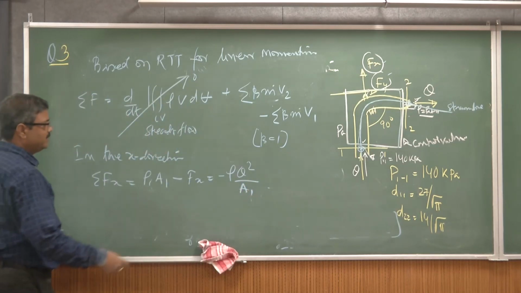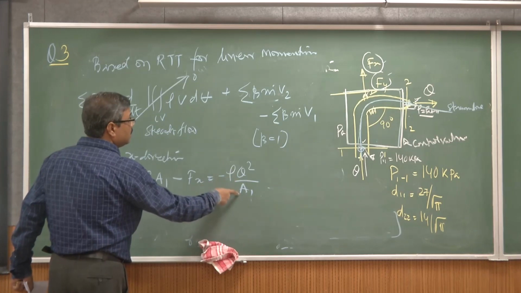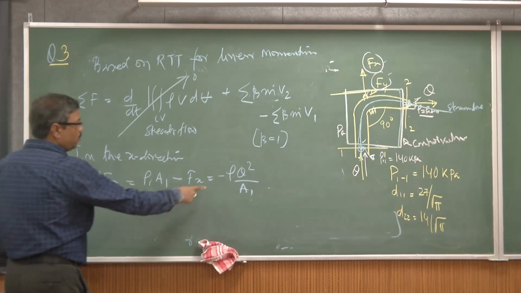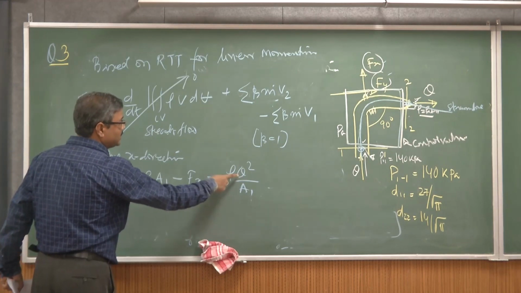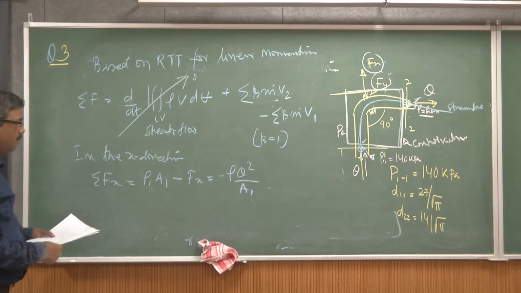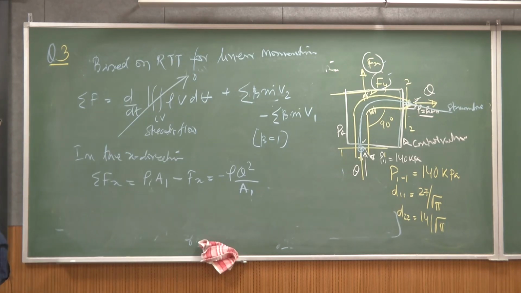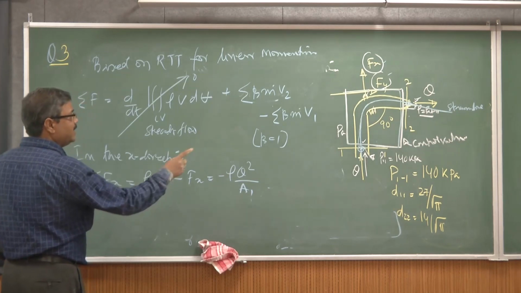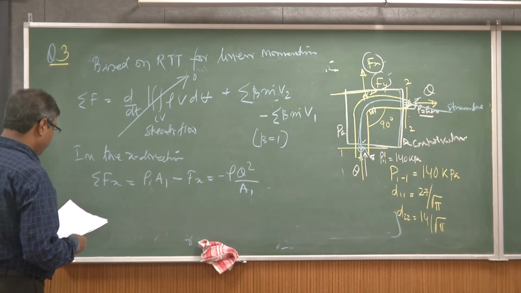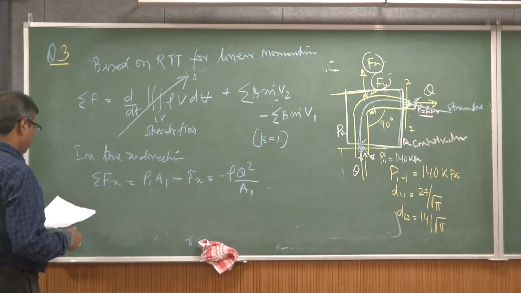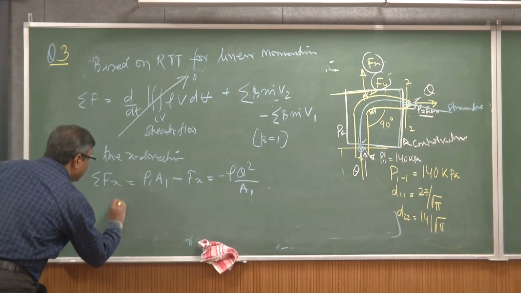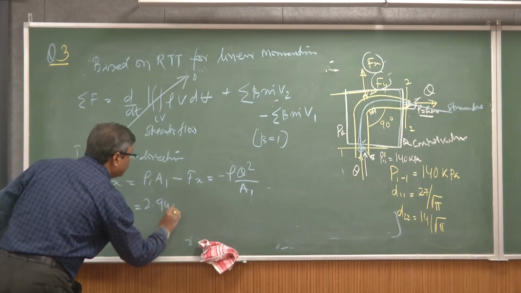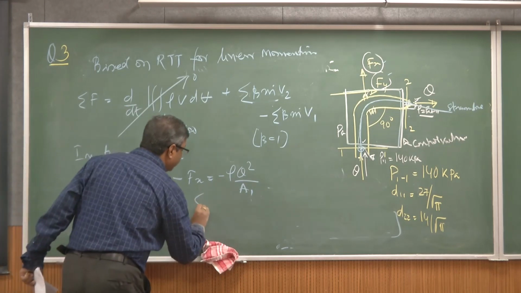This is the momentum flux per unit area, the momentum flux component we have computed, since Q by A is the velocity. And this is P1, the pressure, and A1 is the area. If I substitute these values, then Fx will be 2.94 Newton.